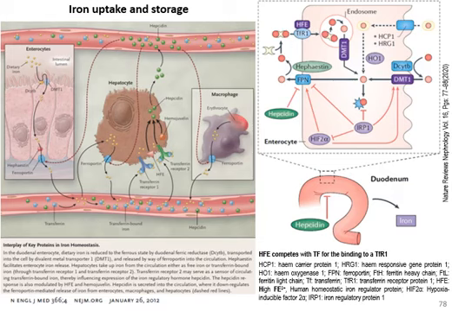Other mutations which will favor increased iron uptake are much more severe genetic disorders, and these genetic disorders will elicit juvenile forms of hemochromatosis.